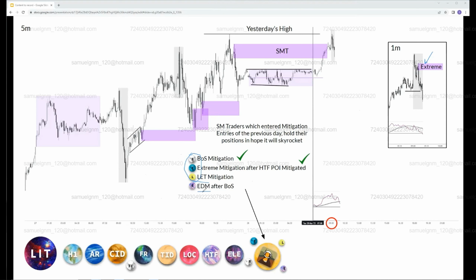Sometimes they appear in pretty interesting ways, but usually not at the main inducement. Remember EDMs, we're going to look at EDMs actually after when it comes to price reacting. That's how I like to look at it, and that's how you've been taught to look at it. So as we said, let's look at the let mitigation potential. So what can we see? Well, we can actually see quite a bit of possibilities over here.